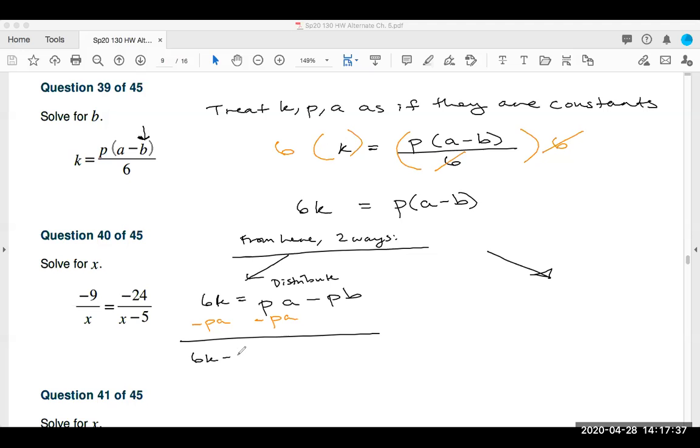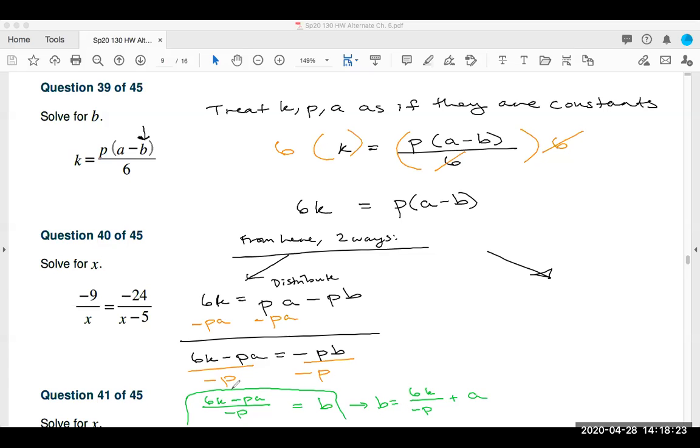I have 6K minus PA equals negative PB. And then I divide out both sides by negative P. So B is equal to 6K minus PA over negative P, which is also the same as saying 6K over negative P plus A.